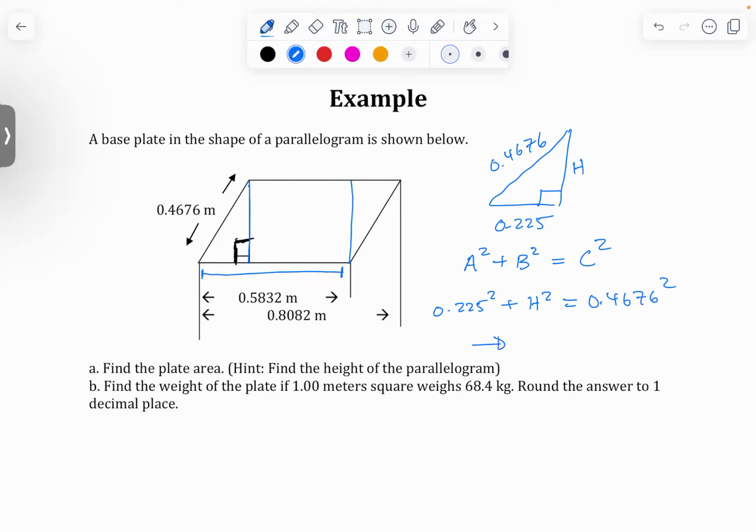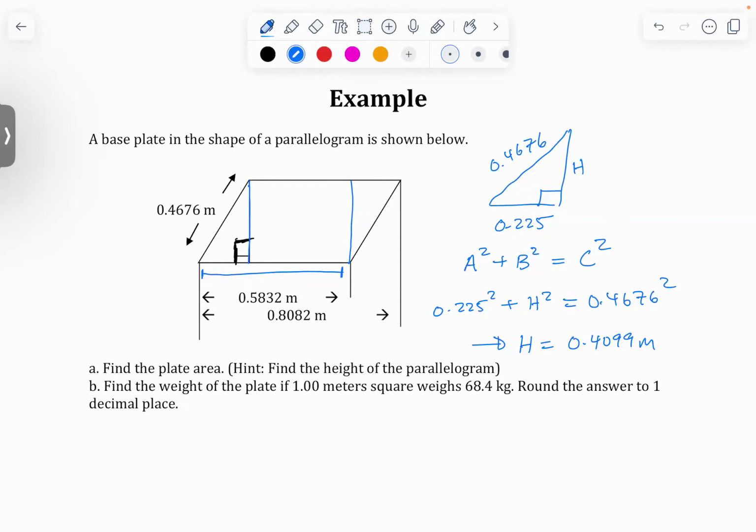I can solve that down to actually find the height of our triangle, and then we'll be in business. That gives us 0.4099 meters.